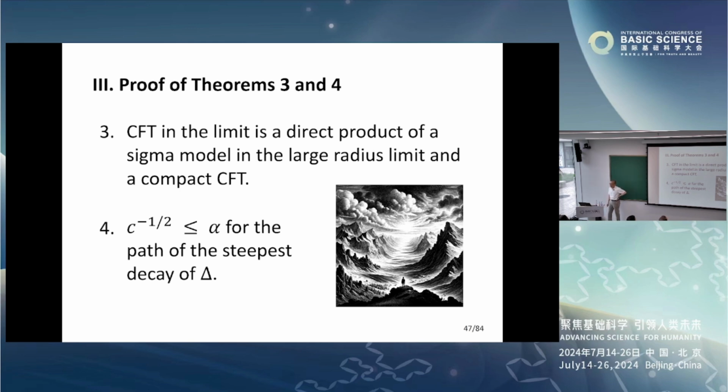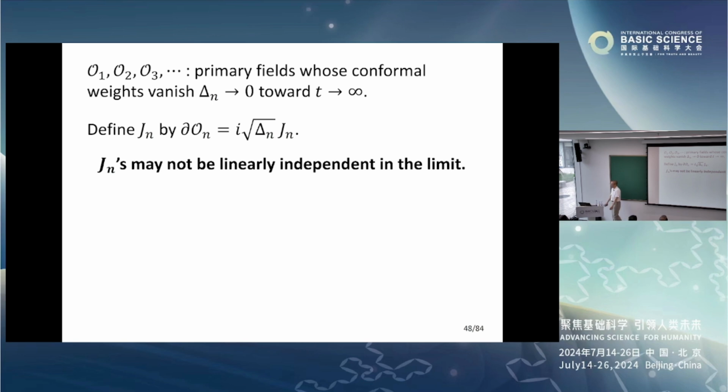So let me go on to the proof of the third and fourth, which is that the limit always contains some flat space sigma model, and alpha is bounded by 1 over square root of c in that case. Okay, so in general, to prove this, I would like to make the observation that if you take the limit when delta goes to 0, not only one primary operator vanishes, but you can have several primary operators whose conformal dimension goes to 0 simultaneously.